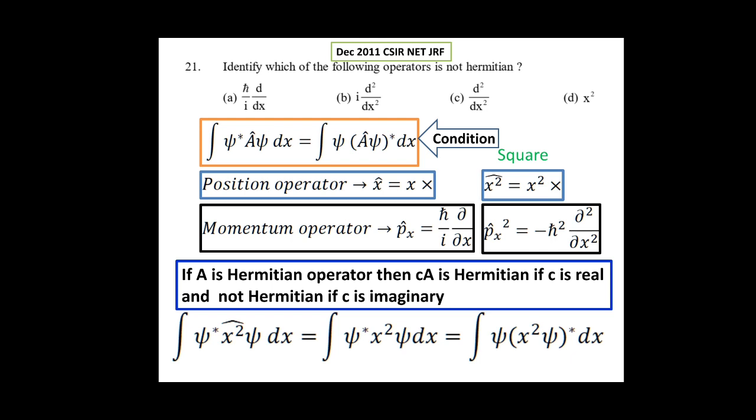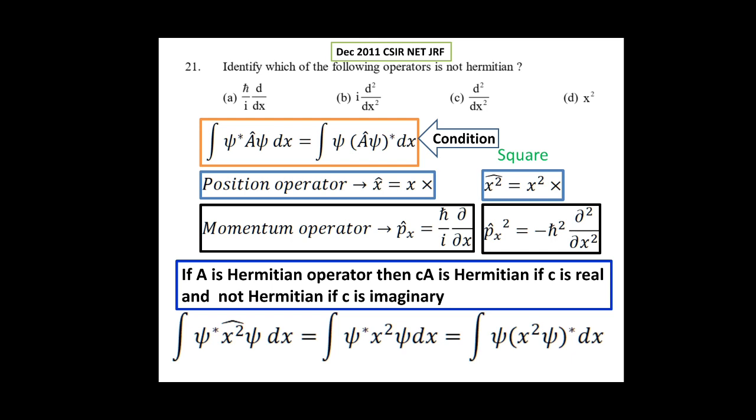So you have to believe that the position and momentum operators are Hermitian operators, and their squares are also Hermitian operators. From there you can easily prove this question. Still, I will encourage you guys to solve this problem using the condition of Hermitian operator, because this will test your knowledge of integration.